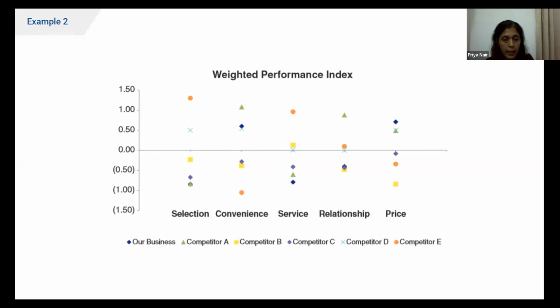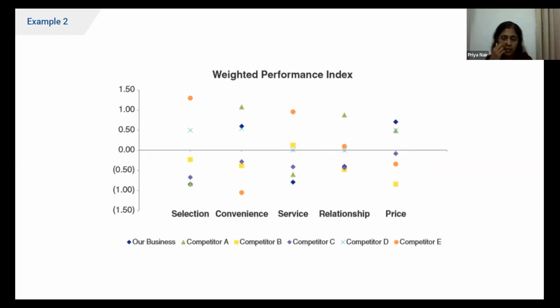Now, when you look at this graph, it is a bit confusing. At certain places, you will see our business diamond is overlapped in some cases, and it is difficult for a person to understand. Of course, if you spend some time, you will get to know in which area you are performing well.